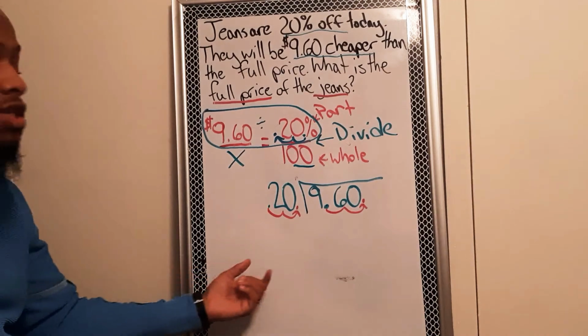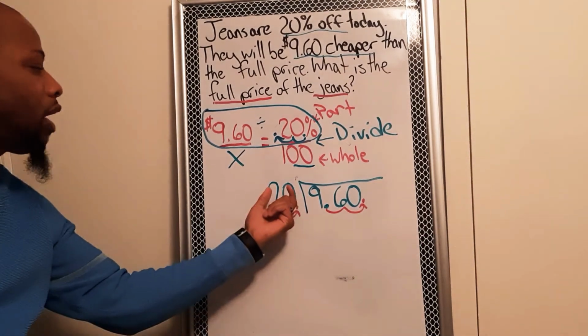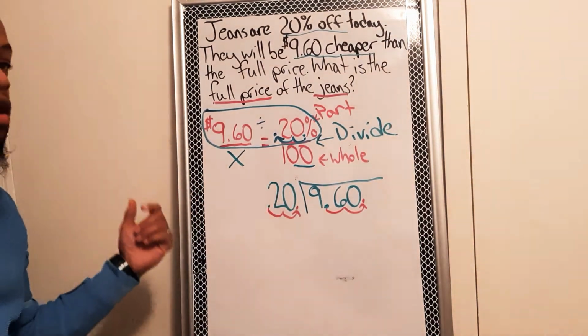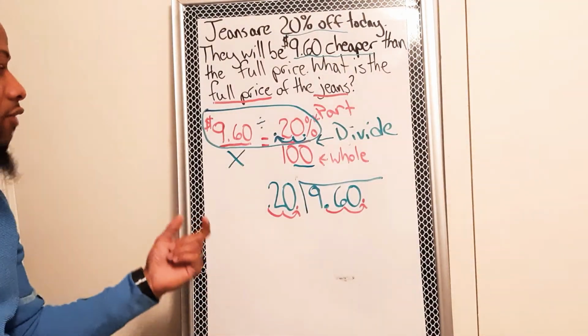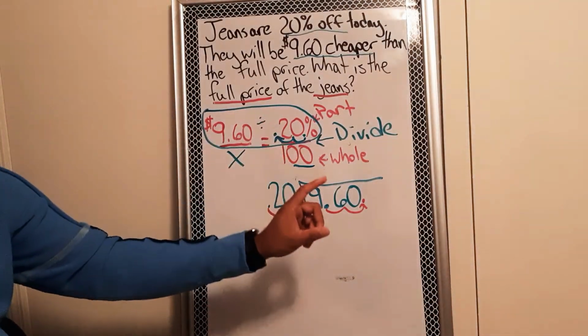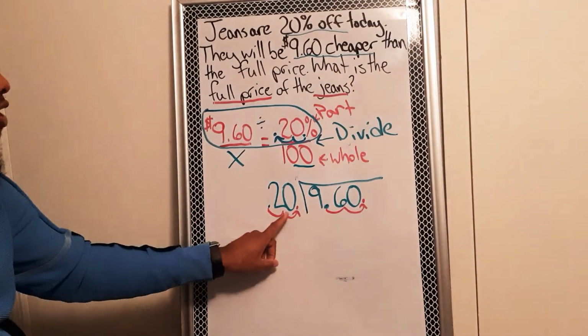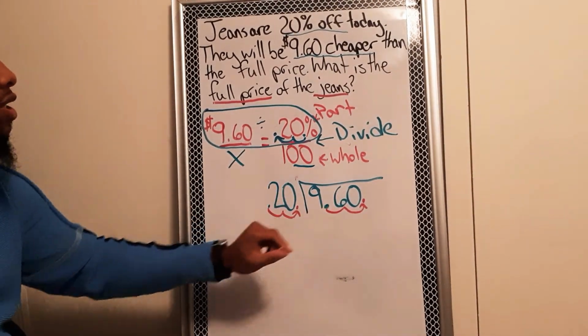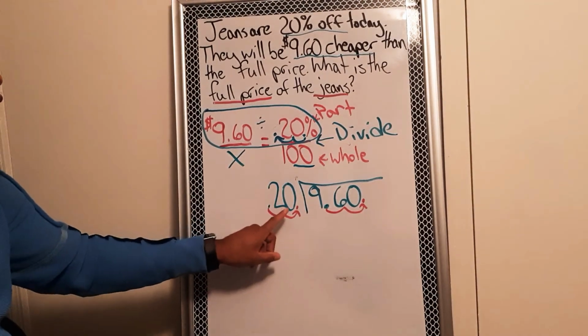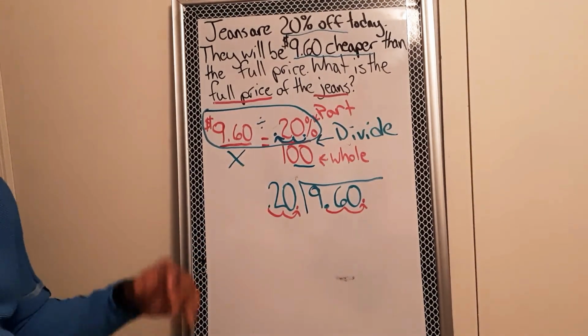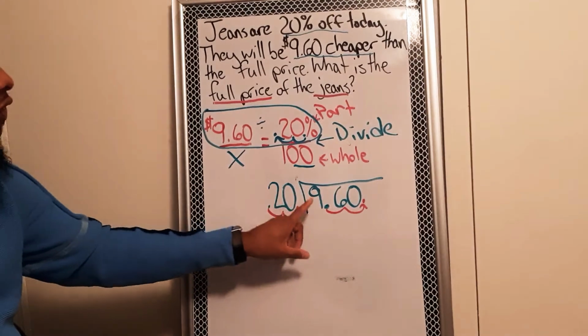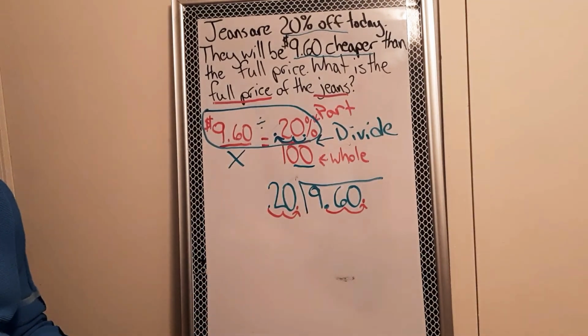So 20 times 4, if I add that 0 back, is going to give me 80 instead of 8, because 2 times 4 gives me 8. I add my 0 back here, so I have to add my 6 back. So 20 times 4 gives me 80, and that gets me as close as I can to 96 without going over.